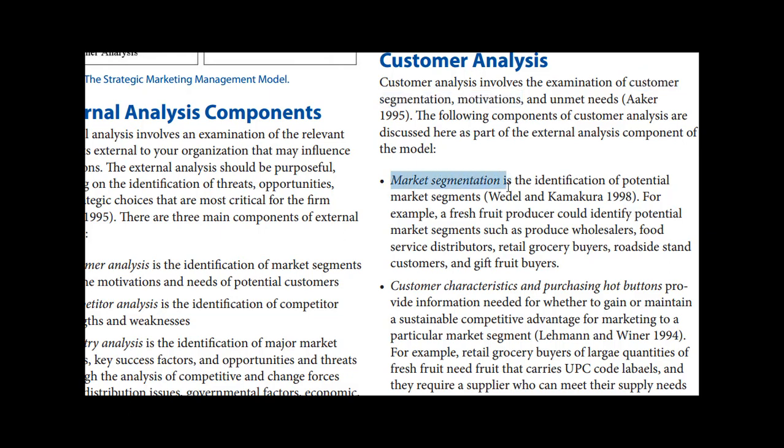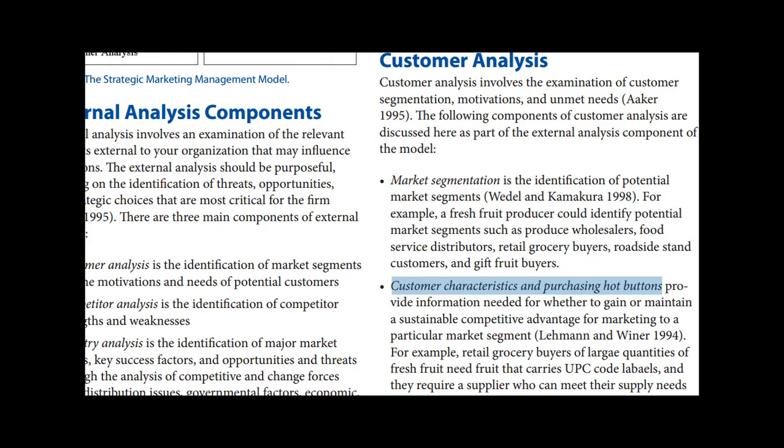Market segments are the potential segments for which the company sells its product. Customer characteristics are the different motivations that customers desire or display while purchasing the products.